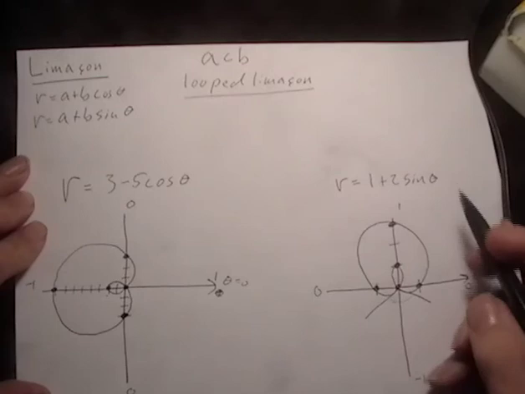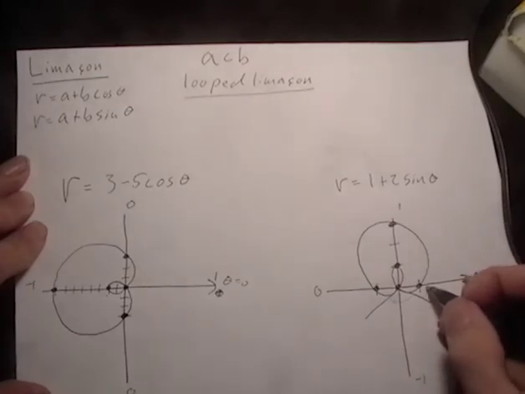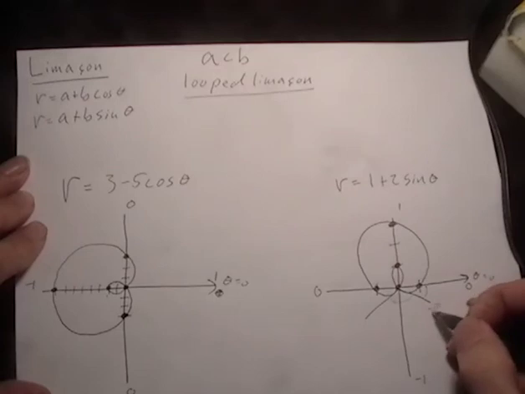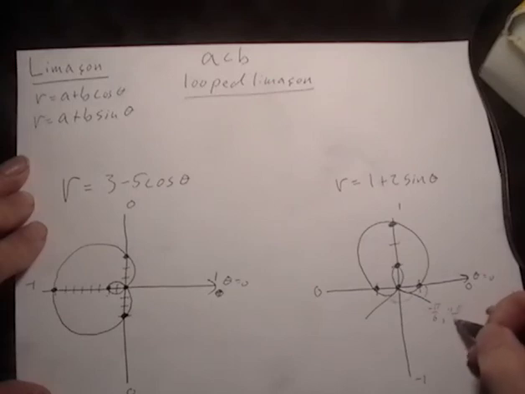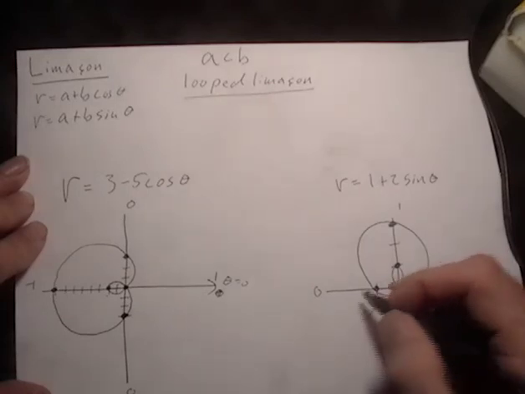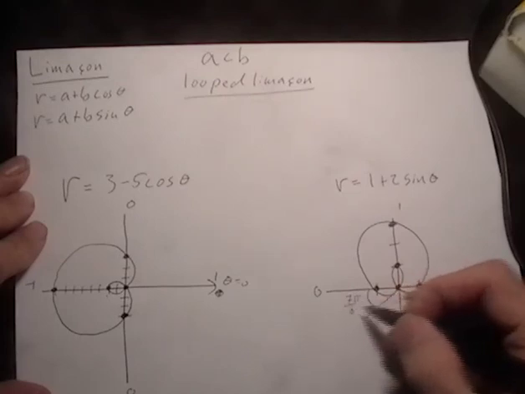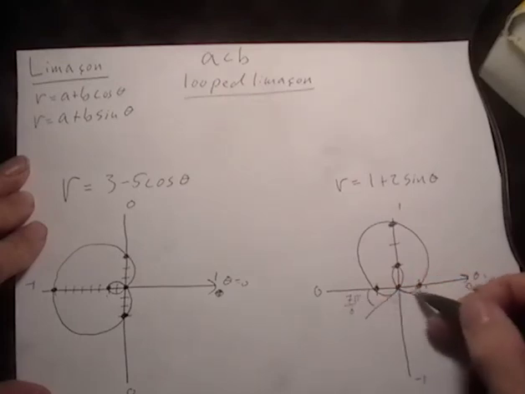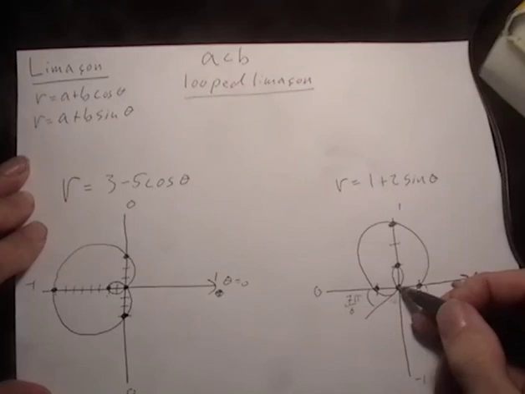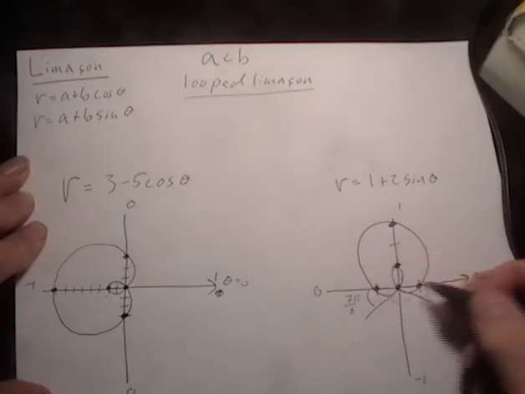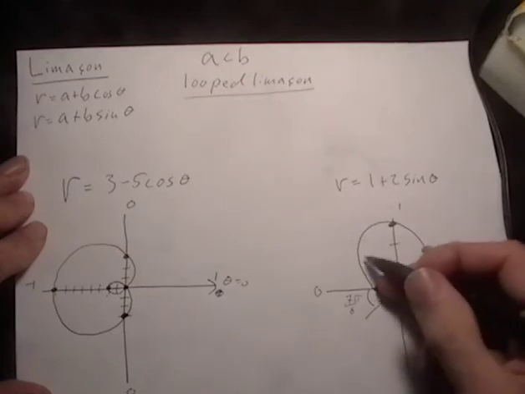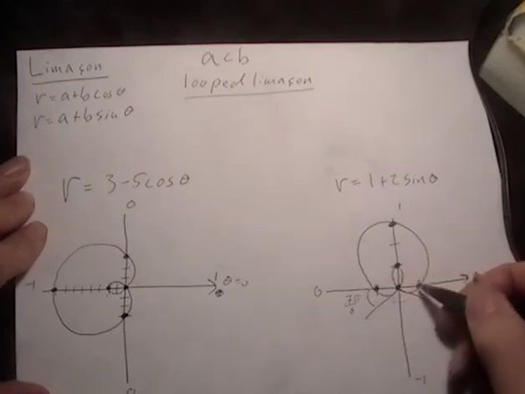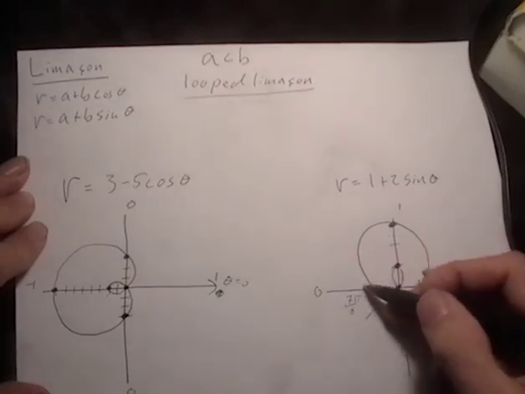Now if you recall, sine of theta is negative 1/2 at minus pi over 6, or we could call that 11 pi over 6, and again at 7 pi over 6. So looking in those two directions, r would be 0. In between, r is going to be negative, and that's going to be this loop around here from minus pi over 6 to 7 pi over 6. Otherwise r is going to be positive, and that's what gives me the larger loop.